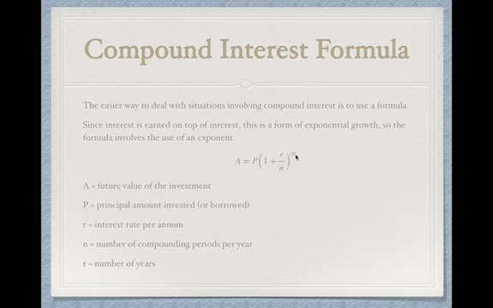I got that value because t was 20 years, and n was 12 compounding periods per year, so 12 times 20 years is 240 compounding periods. So this exponent should represent not necessarily the number of years, but how many times the interest is compounded over a particular term of the loan or the investment.